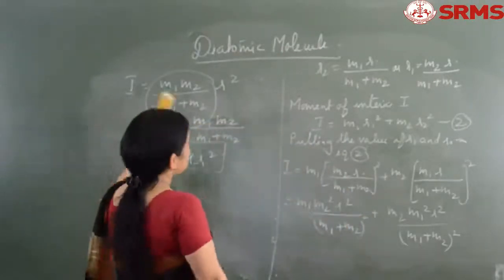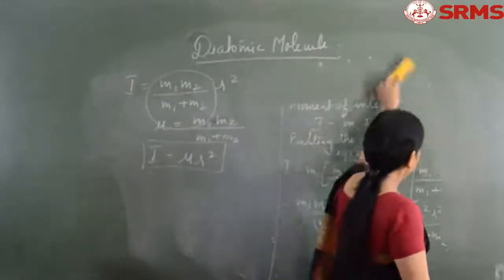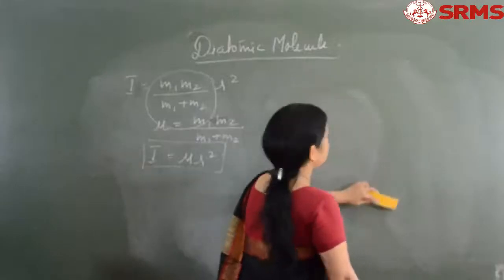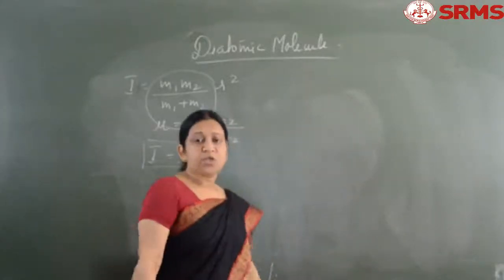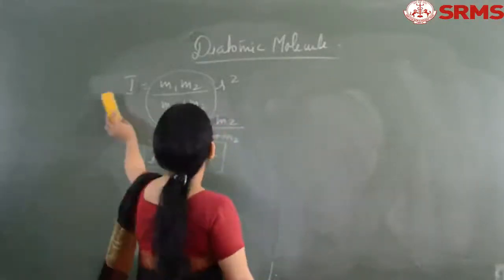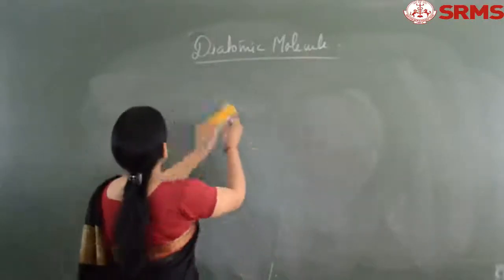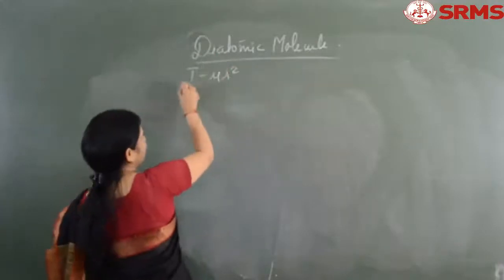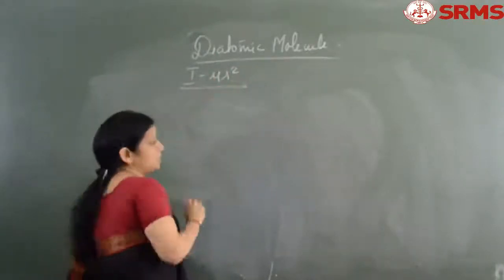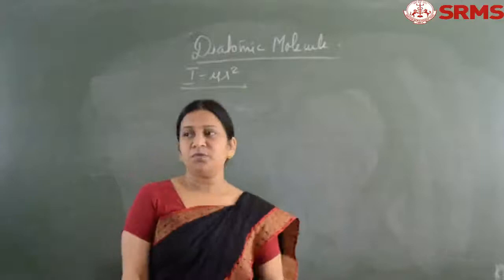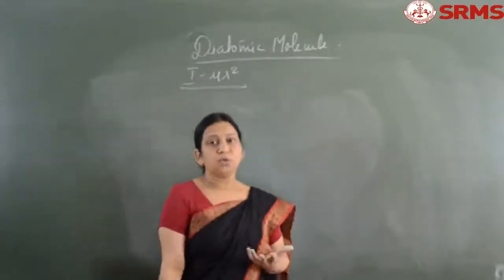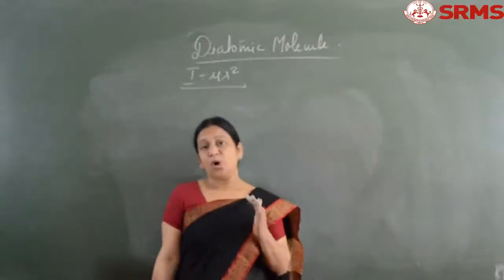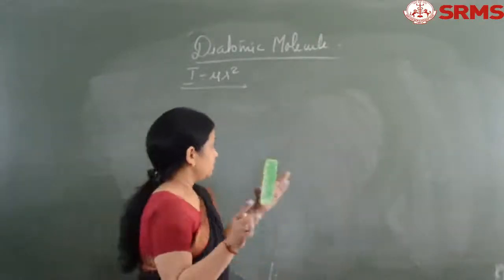Now if I further solve it for the notation which will be used in the rotational spectra of a diatomic molecule, I start with I is equal to mu r square, which is going to give the moment of inertia, where mu is the reduced mass and r is the bond length between the two atoms.